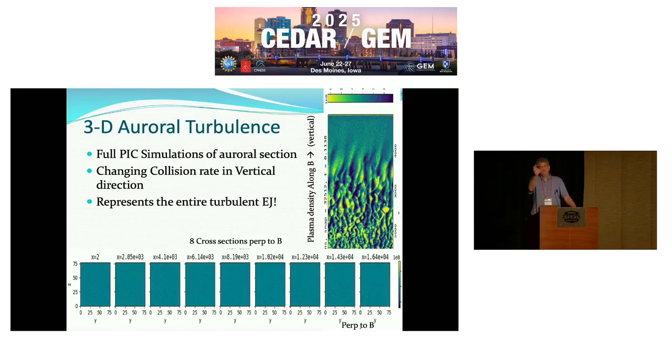We tried to have as few arbitrary variables as possible, so the only really arbitrary thing that's changing as a function of altitude is the collision rate. Now that means that you have an ambient 0th order temperature of the plasma that will be different at the top versus the bottom because that collision rate does determine that.